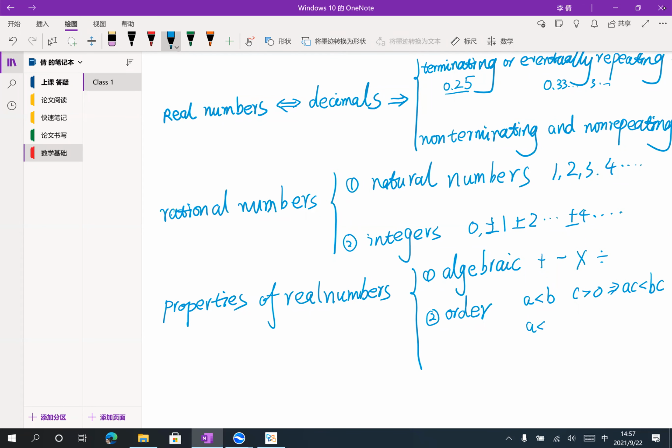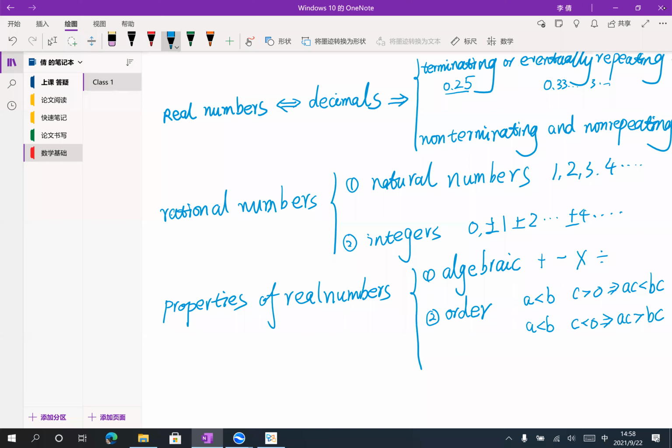And if A is smaller than B and C is smaller than 0, then we imply AC is larger than BC, right? This means if we multiply both sides of the inequality by a positive number, it keeps the inequality. And if we multiply by a negative number on both sides, it reverses the inequality, right?